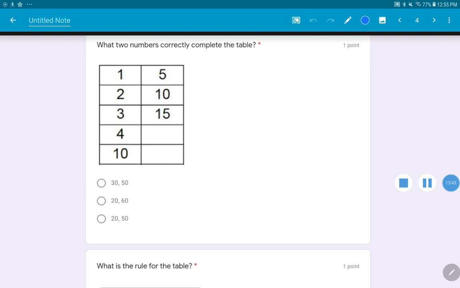All right, the next one asks, what 2 numbers correctly complete the table? So remember, we've got that silly looking little machine that I drew.